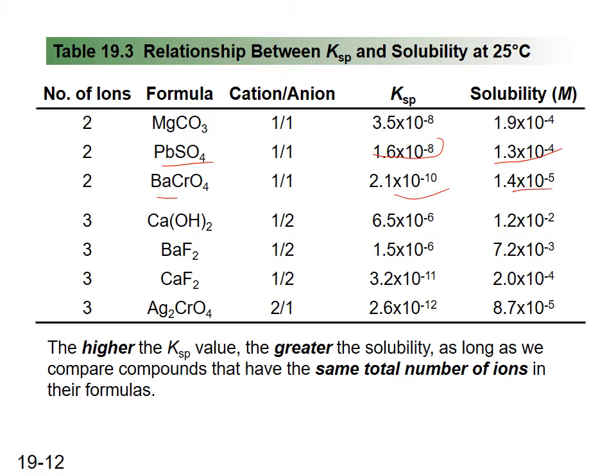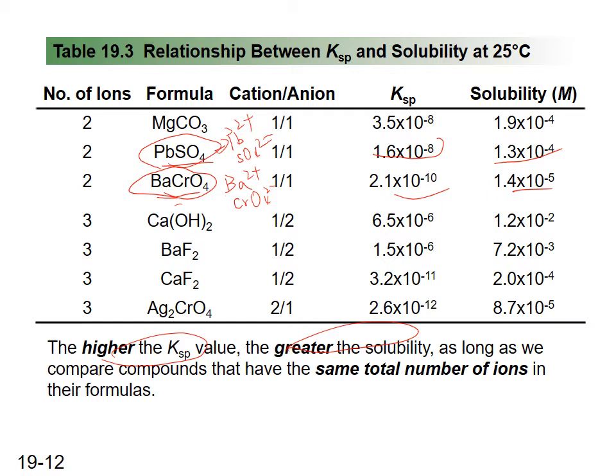So the higher the Ksp, the greater the solubility. Note that these two salts both give you 2 ions. Lead sulfate gives lead ion and sulfate ion. Barium chromate gives barium 2 plus and chromate 2 minus. So both produce 2 ions.